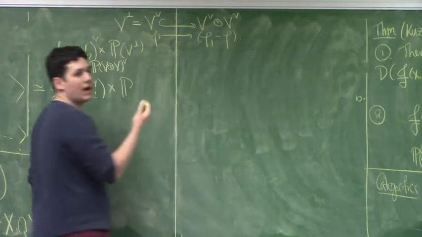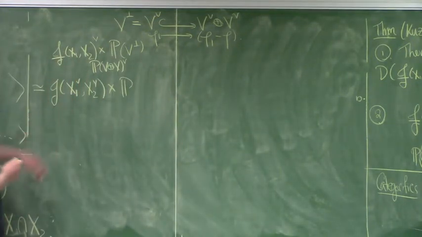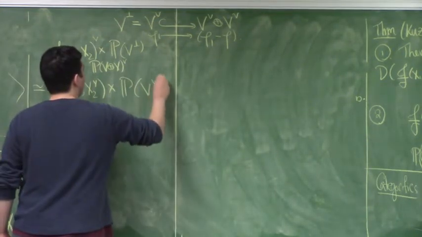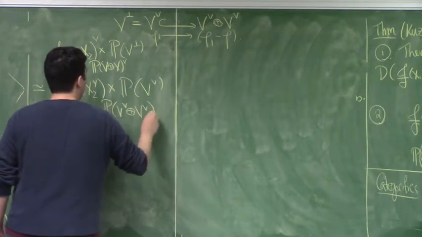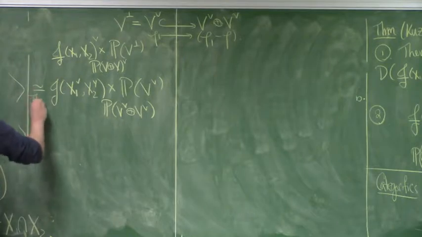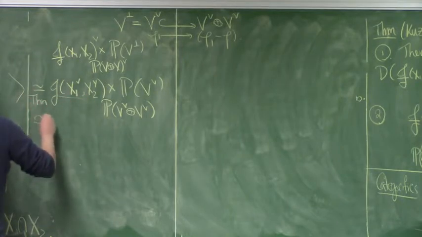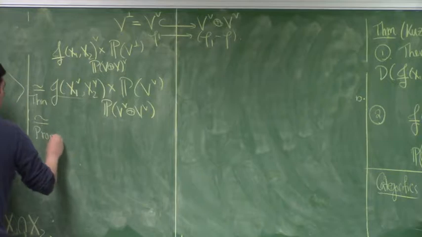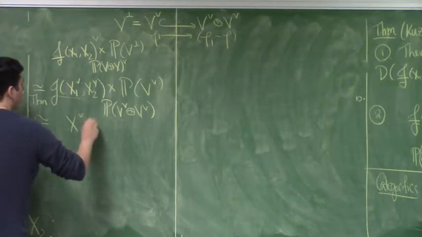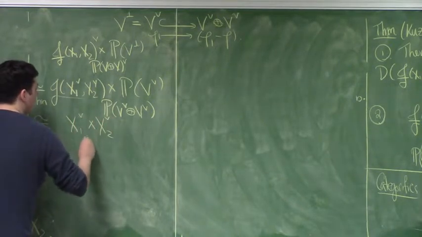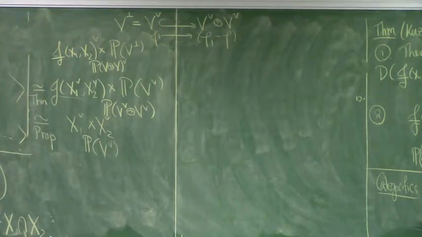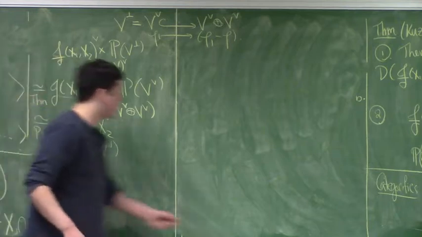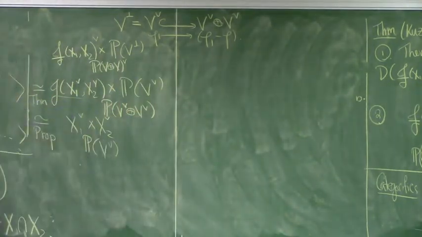So it's essentially the diagonal embedding. And so here I'm taking this fiber product with P of V dual plus V dual. By the theorem you get an equivalence here, and now by the proposition, this is just equivalent to the fiber product of these two over P(V dual). Is that okay? So now the total upshot of all of this is that I have an equivalence.